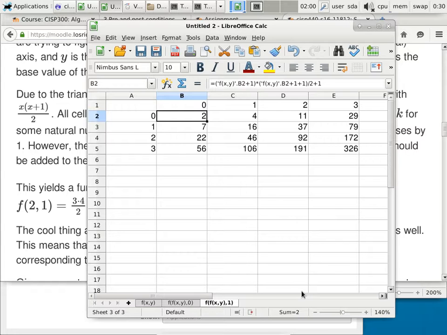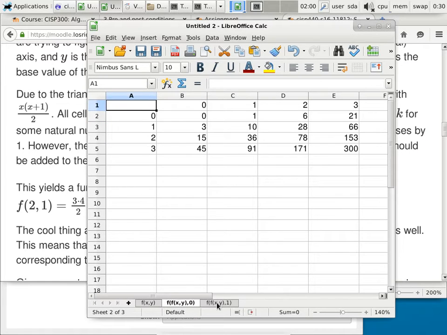This is with 0, this is with 1. If I planned ahead of time and actually did this in a different way, I would have done it in a slightly different setup as a spreadsheet. But this is okay, it still kind of gives you an idea of how to do it.